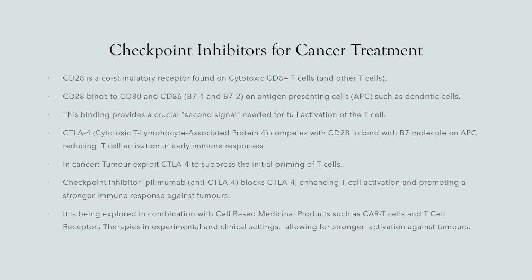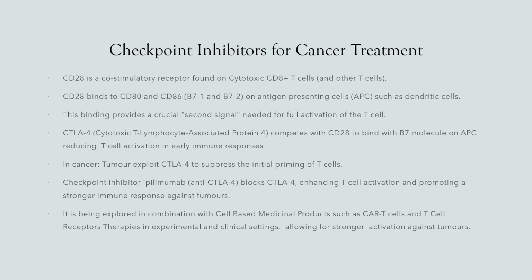And this CD28 binds to the B7 molecules that are on the antigen-presenting cells, such as dendritic cells. And this binding is crucial. It's important in the normal sense, and in the normal T cells that haven't been in any way manipulated. You get this binding, and this binding occurs so that you can get full activation of your T cells.